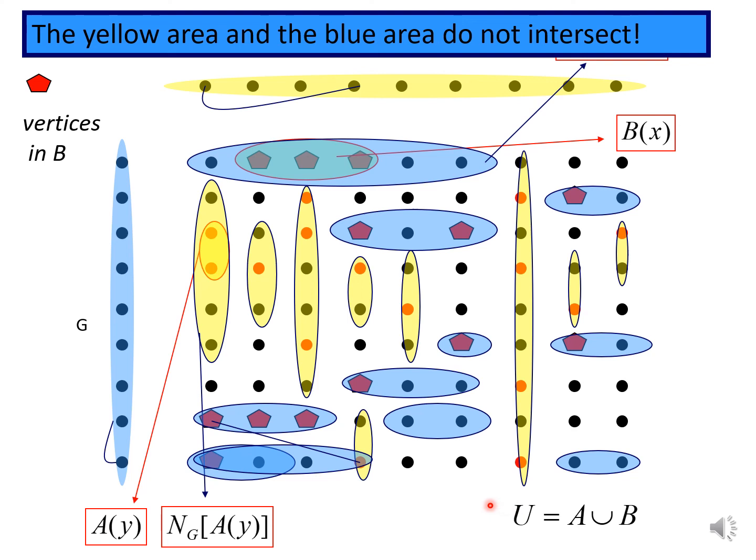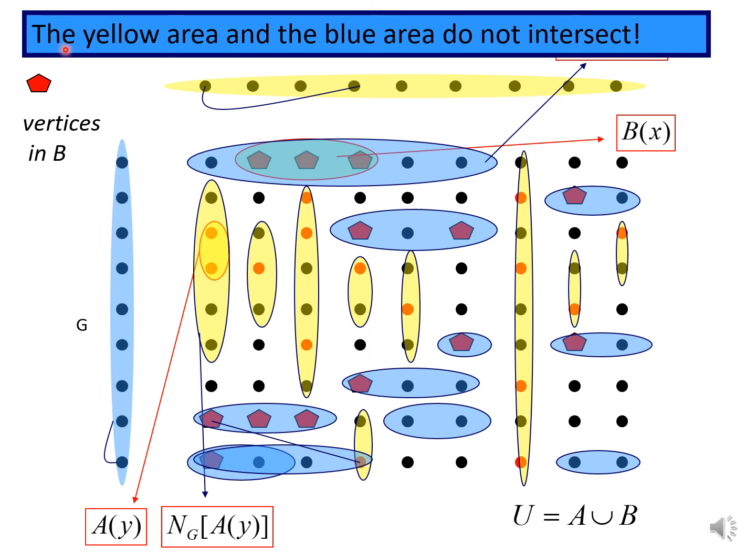Okay, so this proves that case. There's another case, for example, where this vertex is in BX and maybe it is in the closed neighborhood of, say, this yellow one. It's the same contradiction, so I will omit that case.